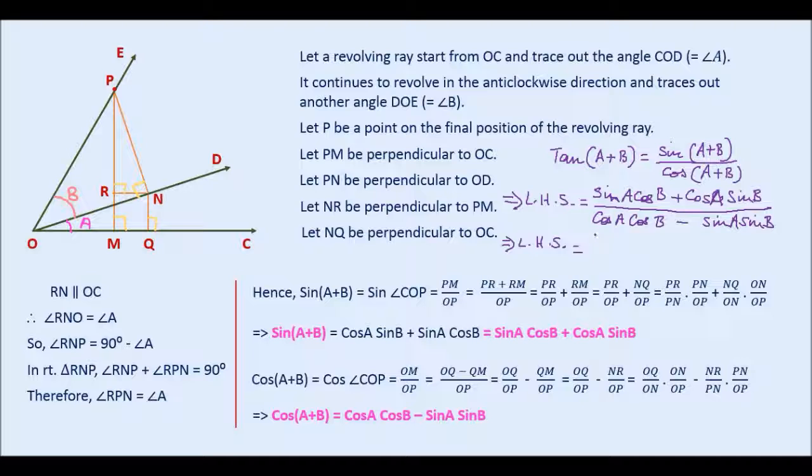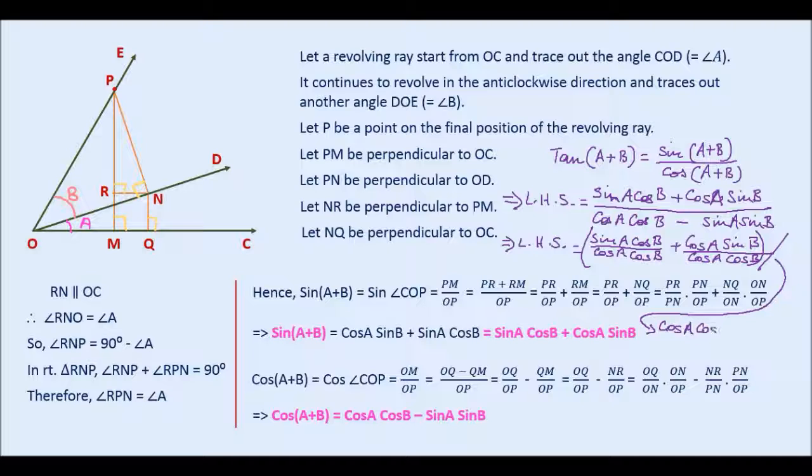Left hand side equal to sin A cos B divided by cos A cos B plus cos A sin B divided by cos A cos B. So this becomes our numerator. Please excuse me because I do not have proper space. And then coming to the denominator part.